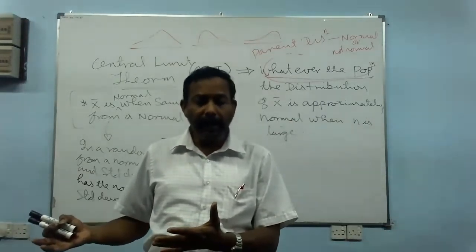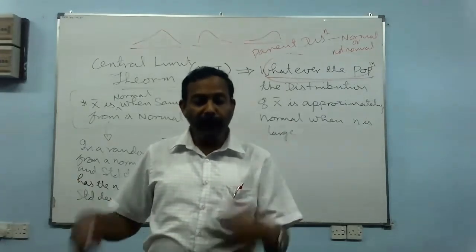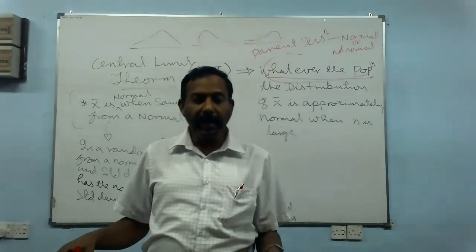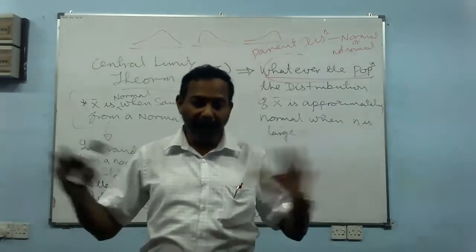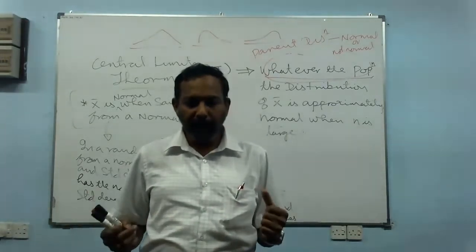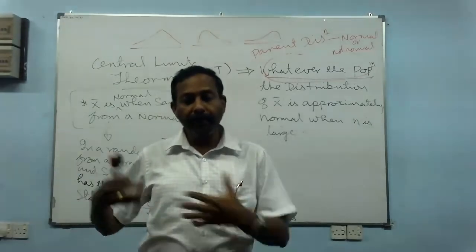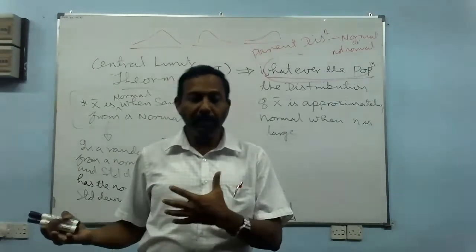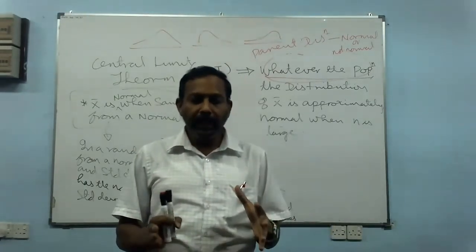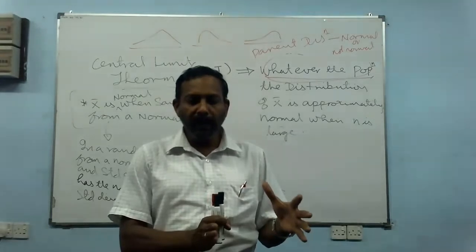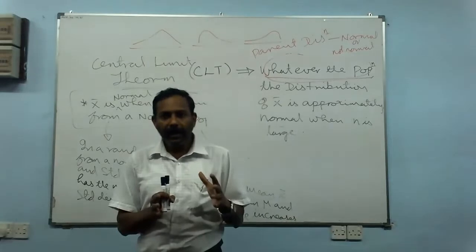There are cases where the parent population is not normally distributed, and also cases where samples are not normally distributed. That we are not going to cover in this particular course. Then what is the problem? If the parent population is not normally distributed and the sample size is small, then the daughter distribution is also not normally distributed. That is the problem.